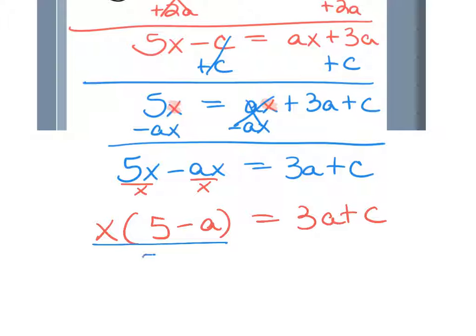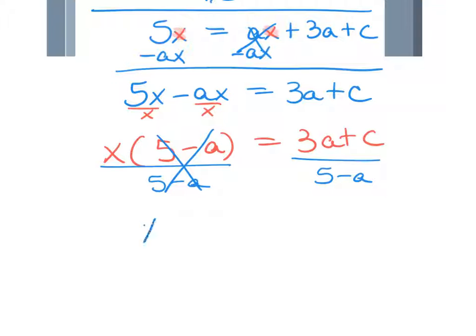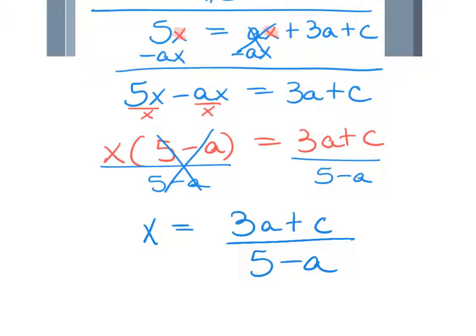So I would divide both sides by 5 minus a. This would cancel away from the x, and you're left with x is equal to 3a plus c over 5 minus a. And that would be your simplified answer.